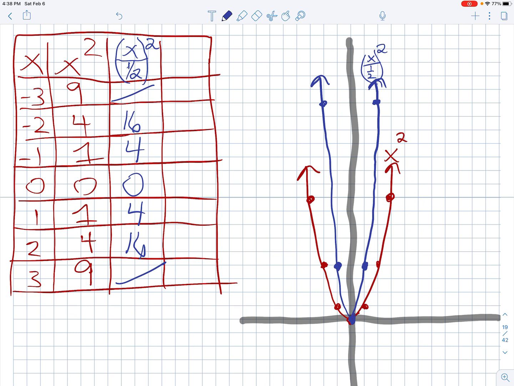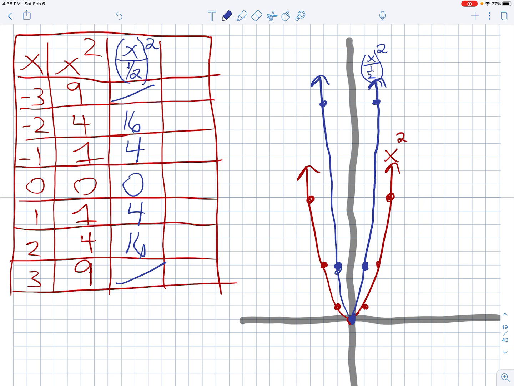So in terms of a horizontal point of view, these points on (x divided by a half) squared: (0, 0), (1, 4), (-1, 4), (2, 16), (-2, 16).